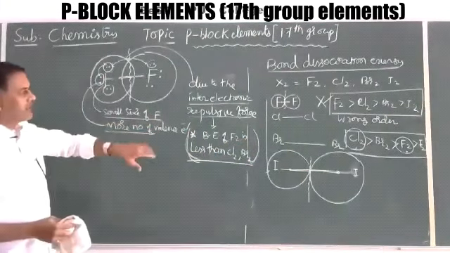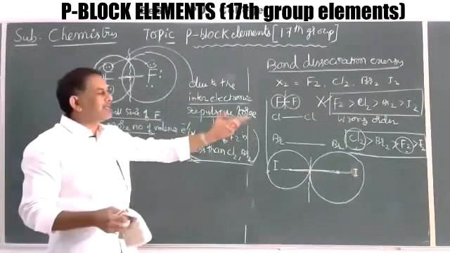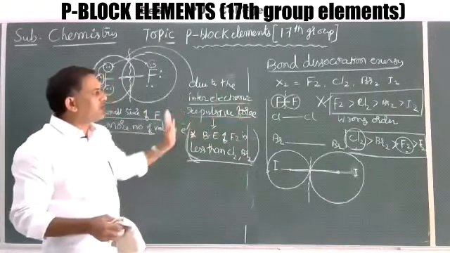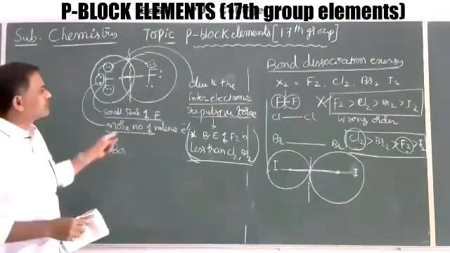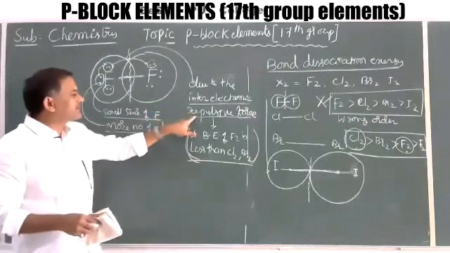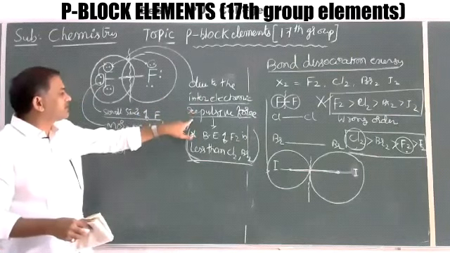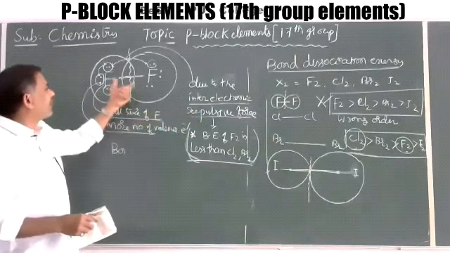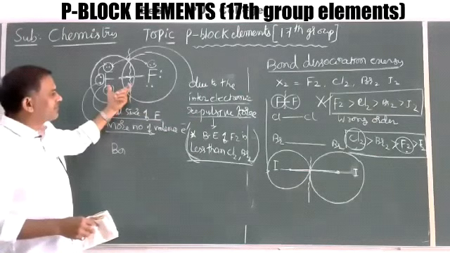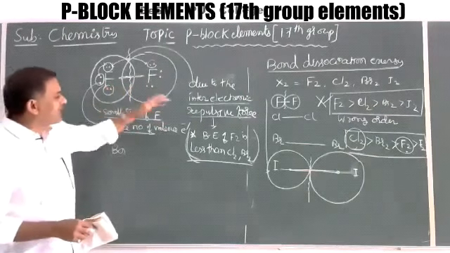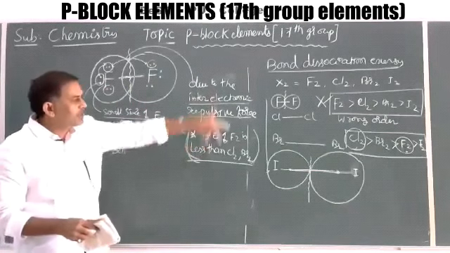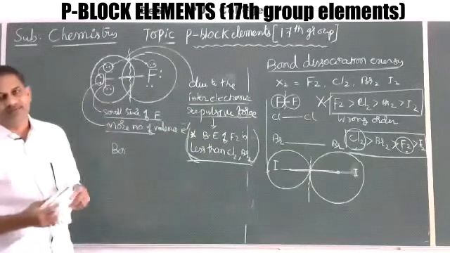Give reason, or why fluorine has less bond dissociation energy compared to chlorine. The reason is due to the interelectronic repulsive forces: more interelectronic repulsive forces between fluorine atoms than in chlorine. That's why fluorine generally has less bond dissociation energy compared to chlorine and bromine.